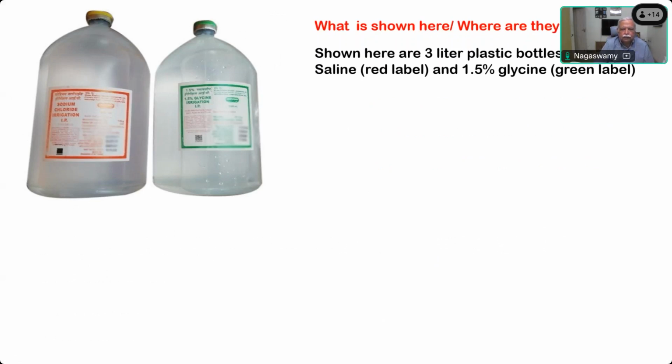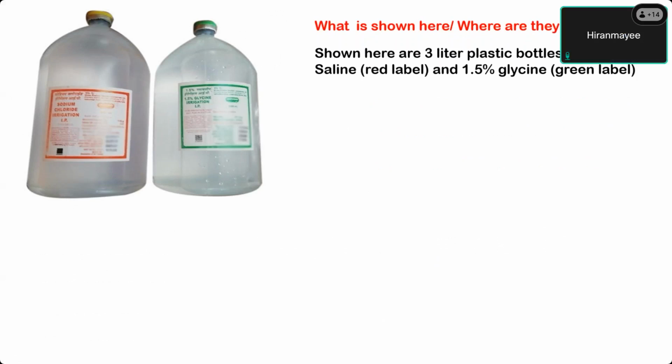Where are they used? That is the second part. TURP. Which one? Both are used in TURP or only one? Both can be used in TURP. But commonly, which one do they use? NS, sir. 0.9% NaCl. In TURP they use NS. In SIMS also they are using NS only.